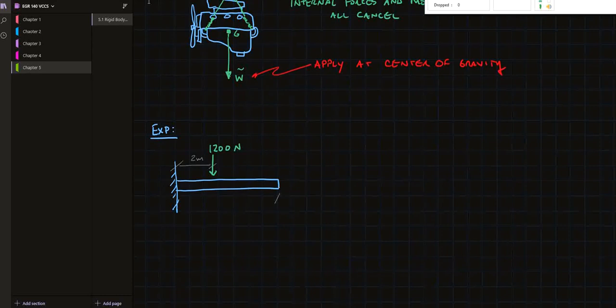This whole thing maybe is 6 meters long. Well, we can set up a free body diagram here for this, where we look at just our beam.